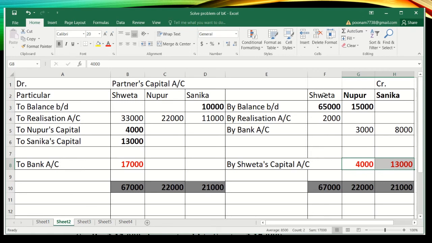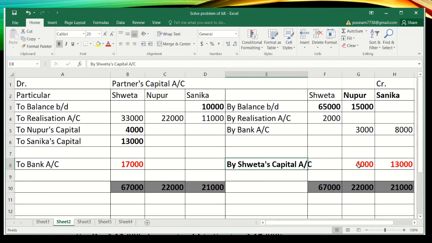So who is the solvent partner? Shweta. So rather than writing the bank account, I will write Shweta's capital account, because it's a closing balance of an insolvent partner. So for the closing balance of an insolvent partner, instead of writing bank account we have to write the name of the solvent partner. I have written Shweta, and the closing balance amount is recorded.